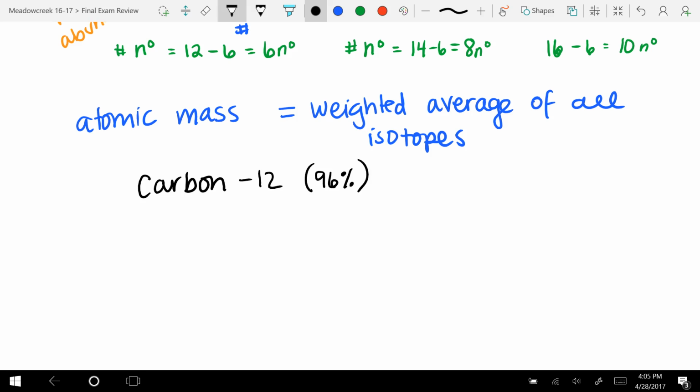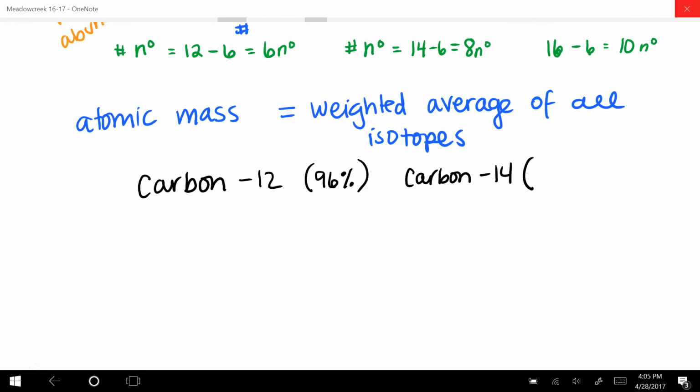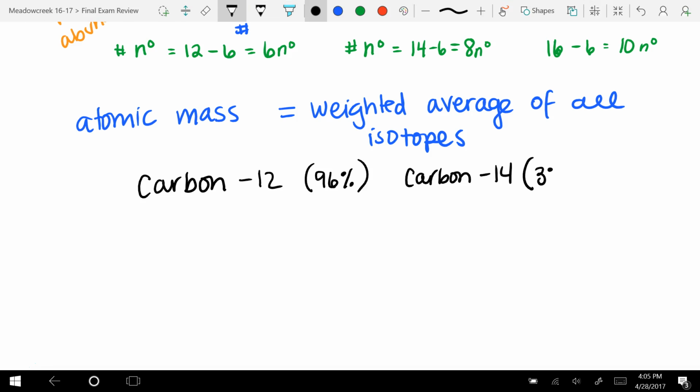And then let's say carbon 14 is 3%, and carbon 16 is the remaining 1%.